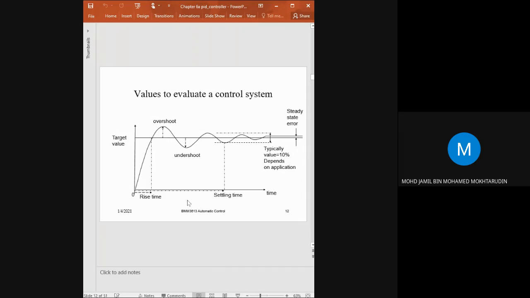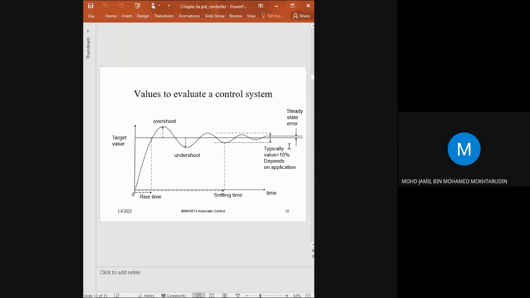So in a control system, we desire a time response that has no overshoot, rise time as fast as possible, possibly zero rise time, and zero steady state error.